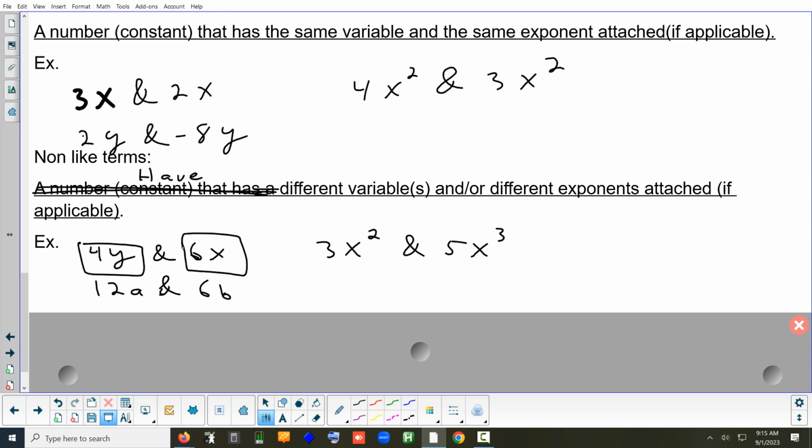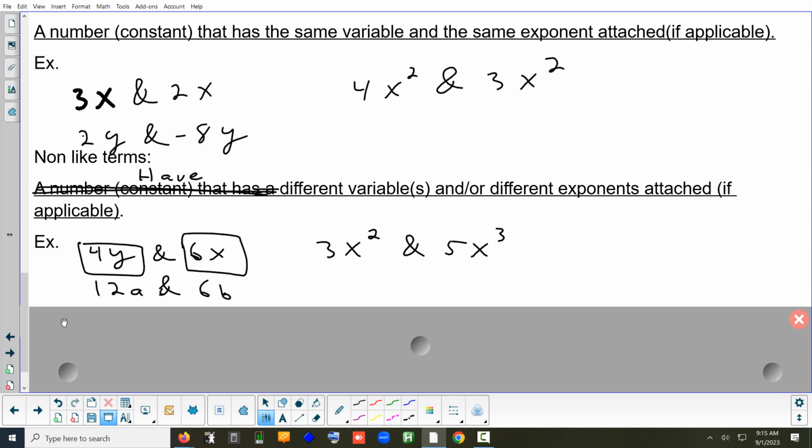I'm just saying here's one term, here's another term, and they're not like terms. Any other questions about what a non-like term is? Okay.